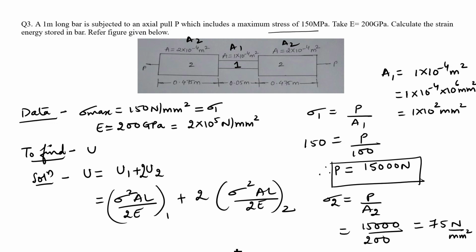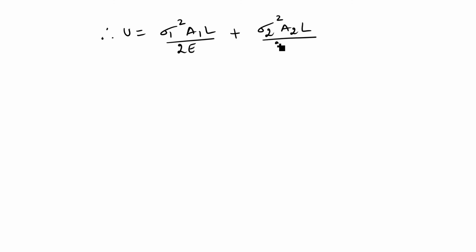So let's solve. Therefore, U is equal to sigma 1 square A1L upon 2E, the value of E is same for both, plus sigma 2 square A2L upon 2E. Sigma 1 value is 150. Don't forget the 2 here because this value is twice.